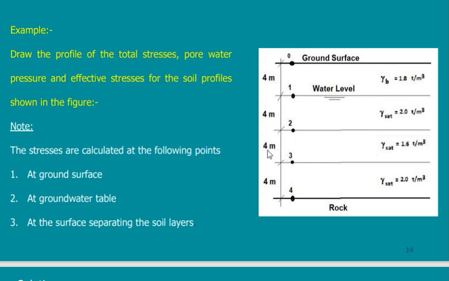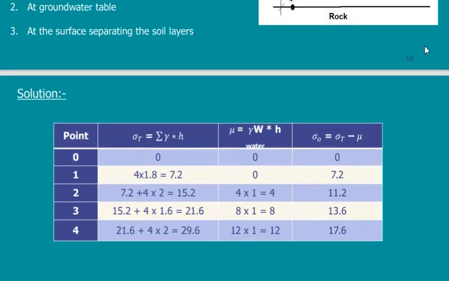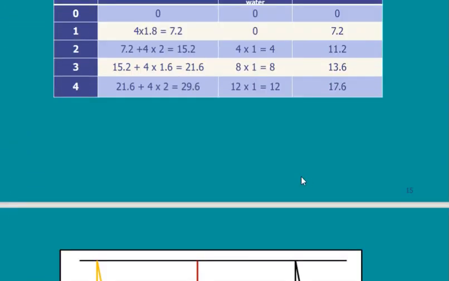The third layer, 4 multiplied by 1.6 minus 1, and so on. So when you understand this, you don't have to do this table to reach this value. You can calculate it directly on the spot. Sometimes you can even do it without the calculator, with a smaller number of layers.